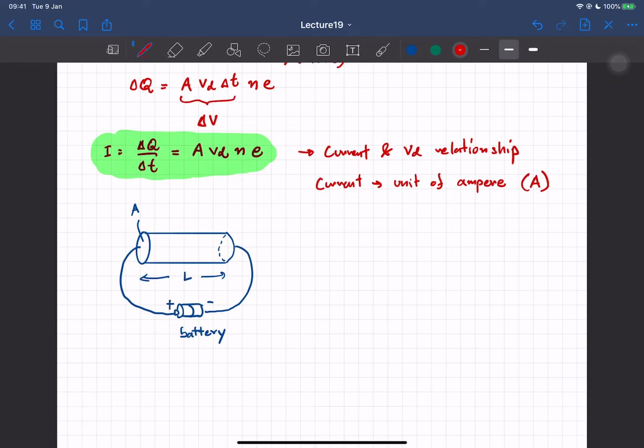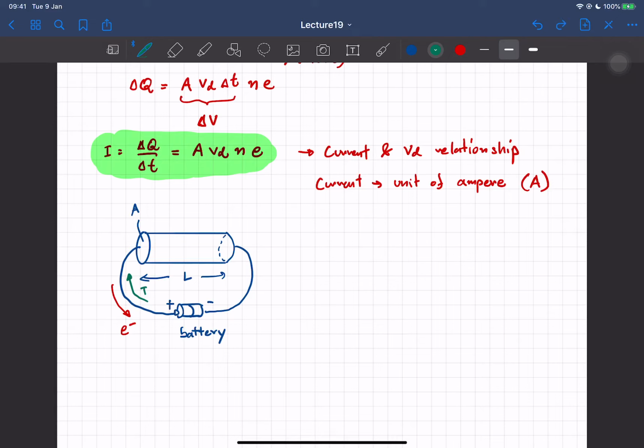The electron will get attracted to the positive side because by doing so, it lowers its potential energy. So the electron will flow this way. Because the electron is a negative charge, when we draw the movement of the current, it's going to be in the opposite direction to the electron, like this. And this is nothing more than just a convention.